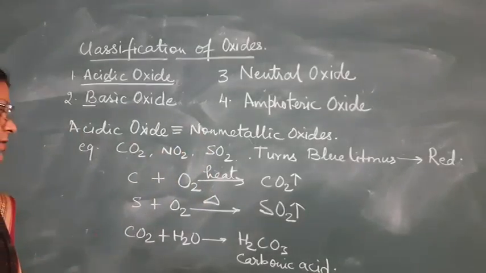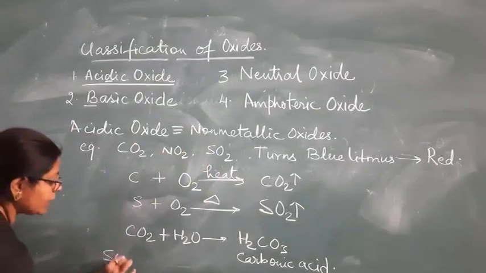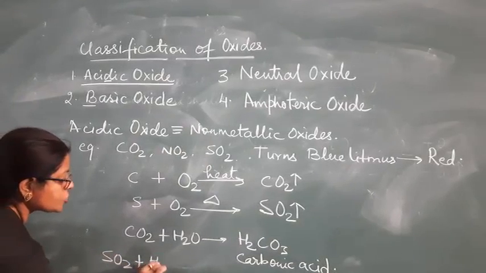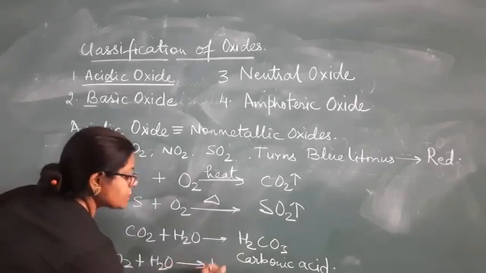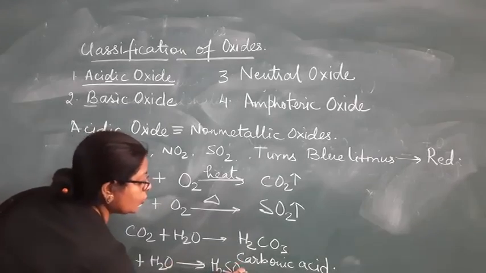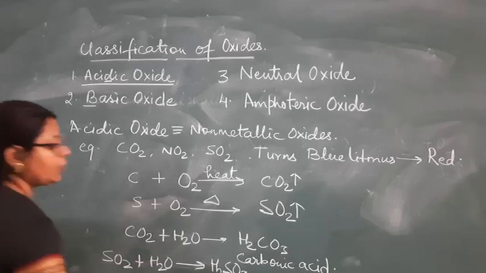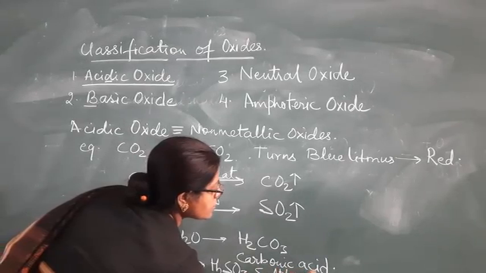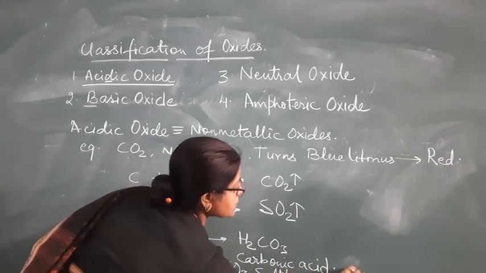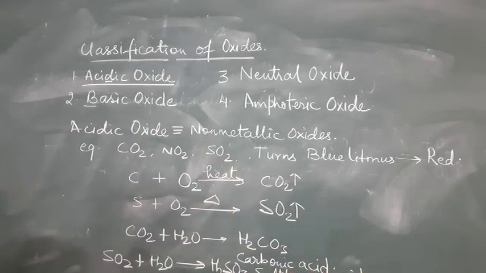When sulfur dioxide reacts with water, SO2 plus H2O, it forms H2SO3, which is known as sulfurous acid. So these are the acidic oxides.